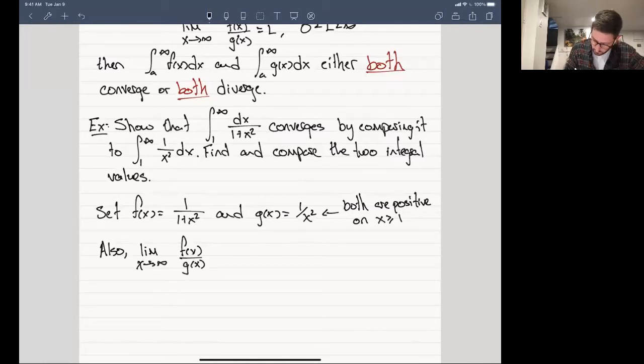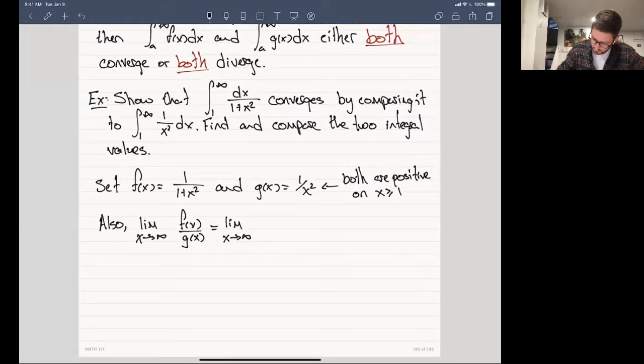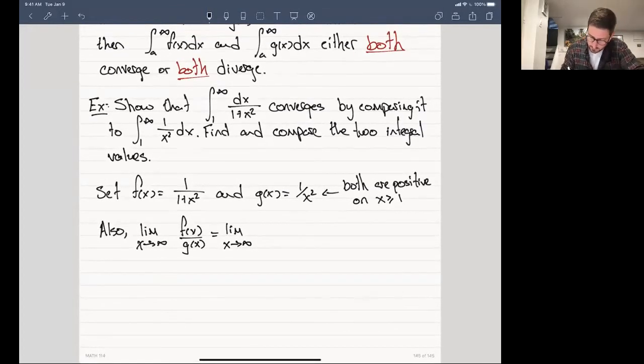So here we go. Let's start writing in pieces to evaluate this limit. I get 1 over 1 plus x squared divided by 1 over x squared. We can rearrange this for ourselves. In this case, I get the limit as x goes to infinity of x squared over 1 plus x squared.